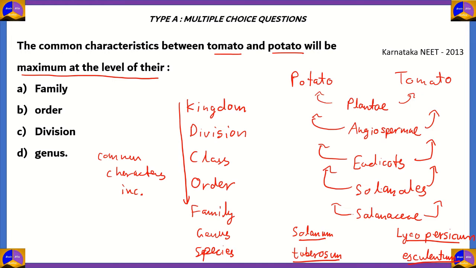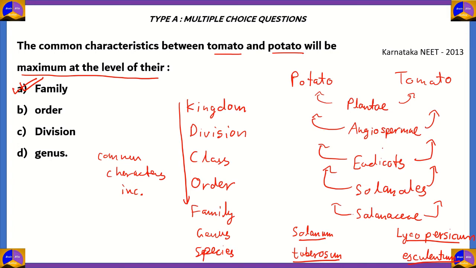So since both the potato and tomato belong to the same family, the highest amount of common characters will occur in option A, family. Now, the reason why this is true is because when they are belonging to the same family, they are already similar in the earlier conditions. Like conditions for being in kingdom Plantae, being in division Angiospermae.